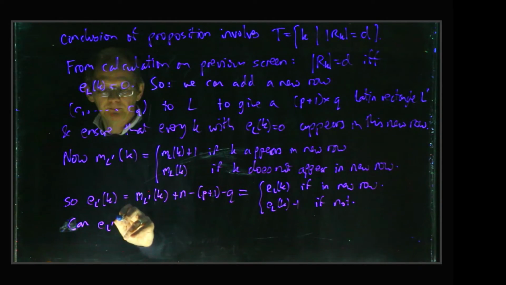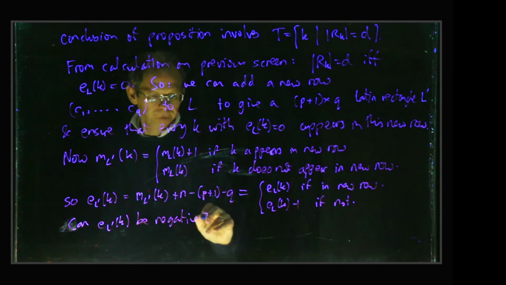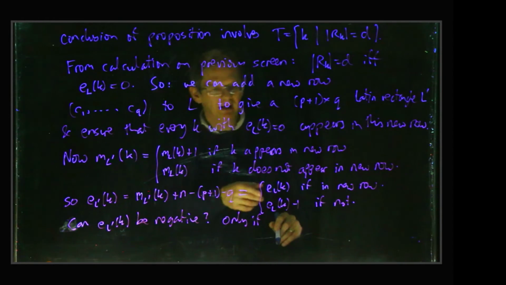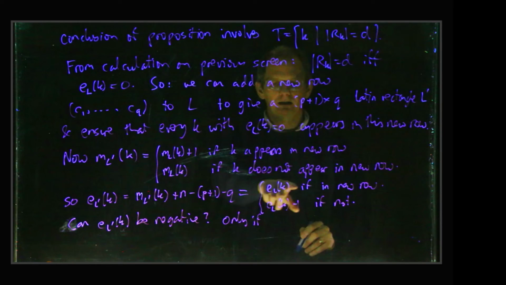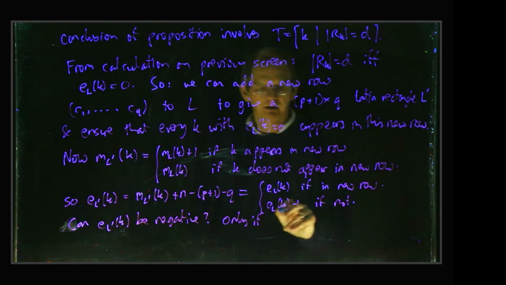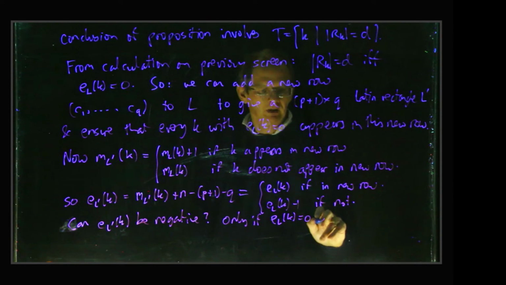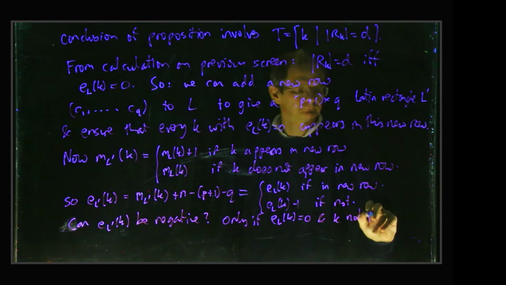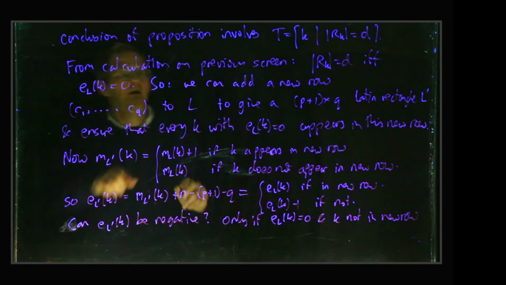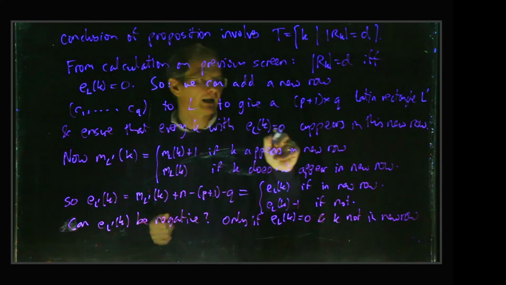Can EL prime K be negative? Well, how can this be negative? If ELK was strictly positive, then you'd still be okay either way around. The only way you can get something negative is if ELK equals 0 and k not in the new row. But that doesn't happen by what we wrote here. Every k with ELK equals 0 does appear in the new row.